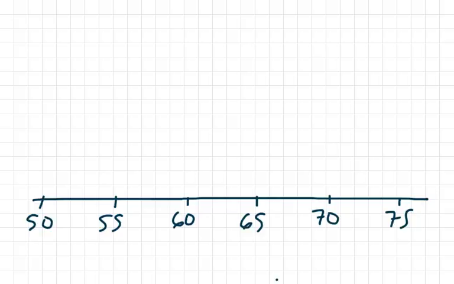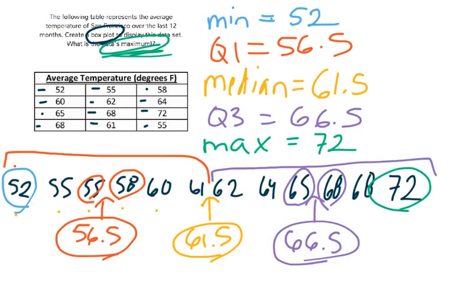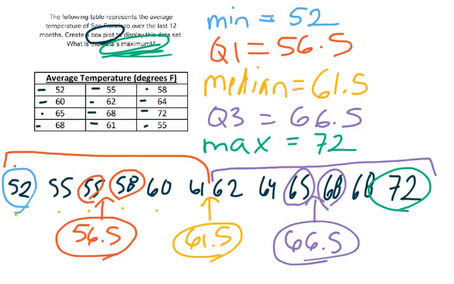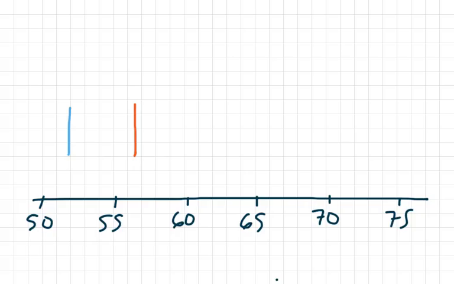So the minimum value was 52. My quartile 1 is 56.5. My median is 61.5.